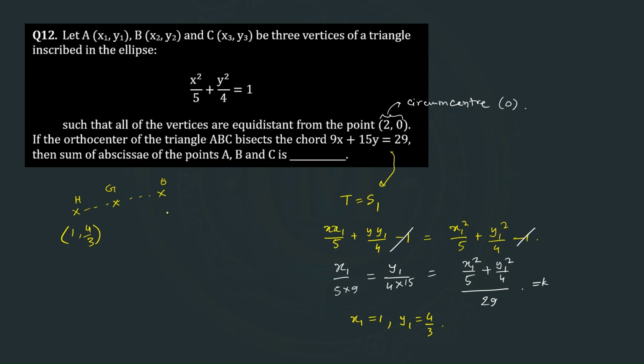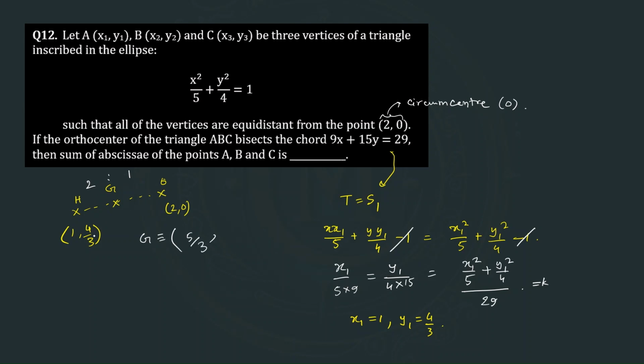Now 2 comma 0 is the circumcenter, so we can easily find the centroid because the centroid divides the line joining orthocenter and circumcenter in the ratio 2 is to 1. So the coordinates of G will be 2 times 2 plus 1, so 5 by 3.